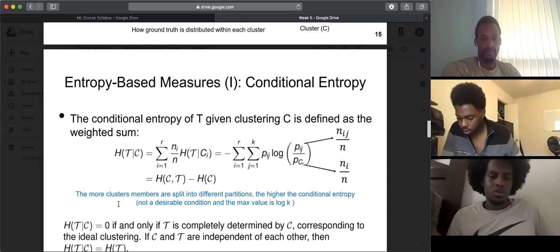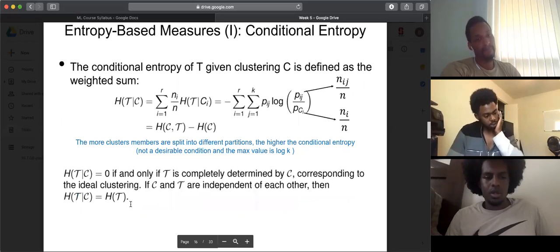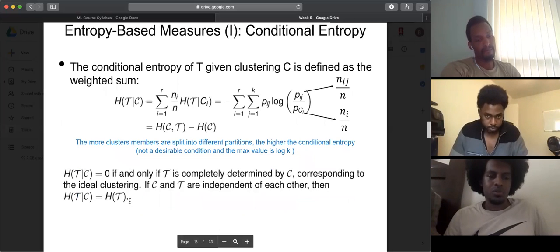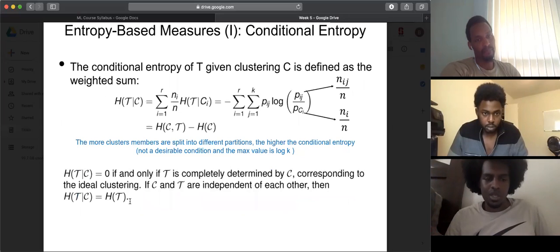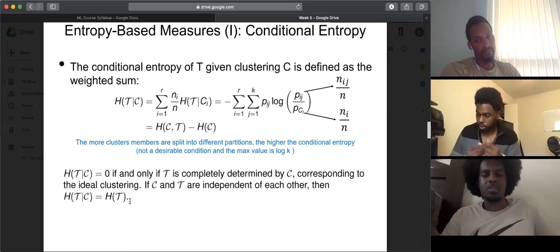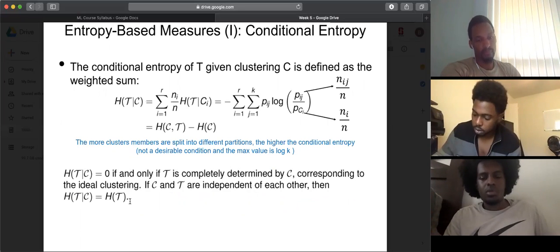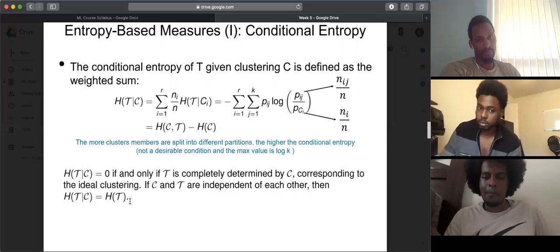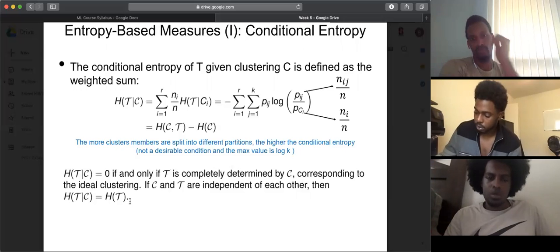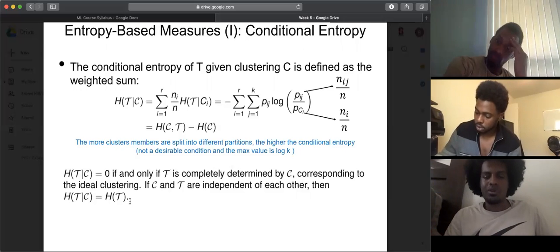Okay, so now we're looking at the conditional entropy of the ground truth partition given your clustering C. It's equal to 0 if and only if tau is completely determined by C, corresponding to the ideal clustering. This is the case where you have the one-to-one ideal mapping, right? So you don't actually have entropy if everything is fully deterministic.